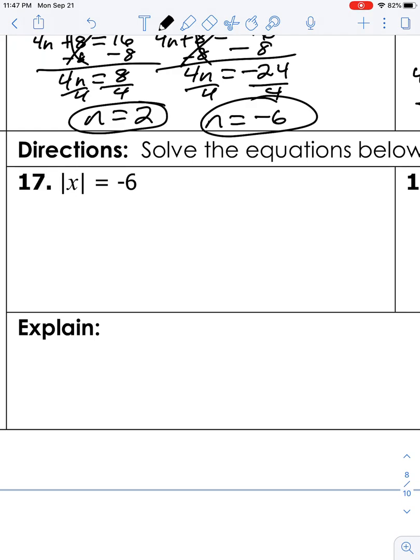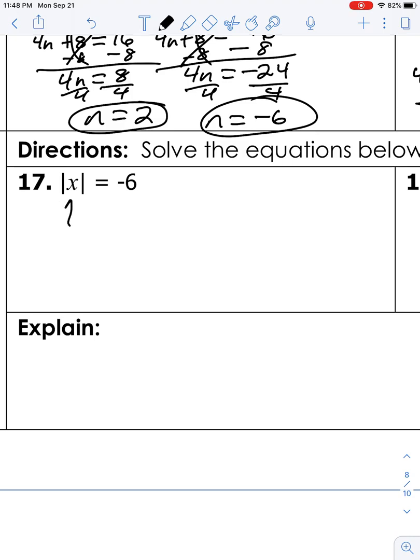If you look at number 17, you can take any number and plug it in for x. It doesn't matter what number it is. I could say 6. Any number that you plug in, if you take the absolute value of that number, it's never going to equal a negative number, because absolute value turns everything positive.